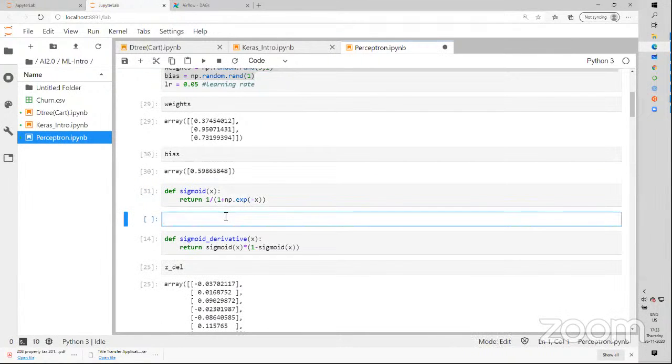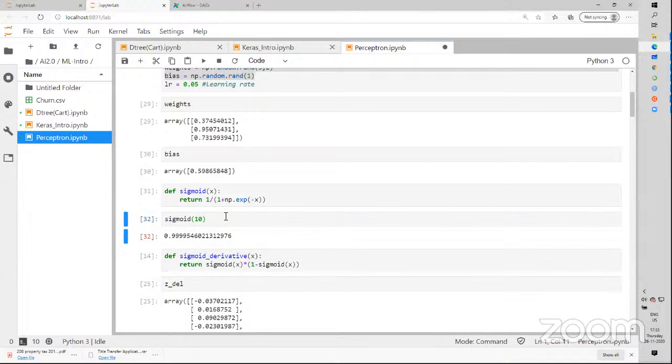If you want to test this function, we can. Sigmoid of 10: what is the value? It returns 0.9999. Remember, our sigmoid function can take any value, but the output is always between 0 and 1.